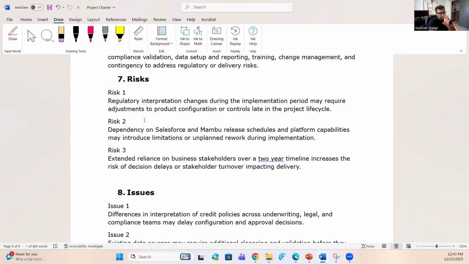We are using Salesforce and Mambu tools. Think of it as tools. We are using Salesforce and Mambu to build the application that we are trying to build for our line of credit financial product. So we are building all those pages for line of credit, be it the product configuration or sales page, customer service page to capture whatever it is the customer is saying, the collections page, etc. is built using Salesforce and Mambu.